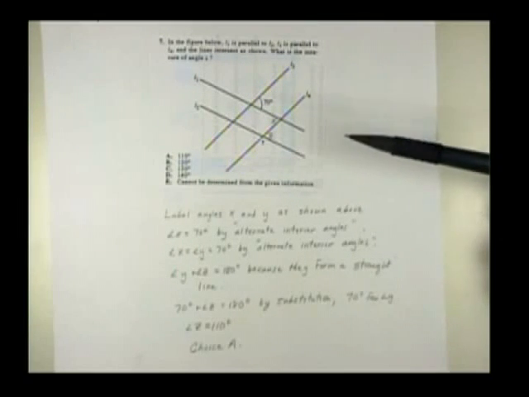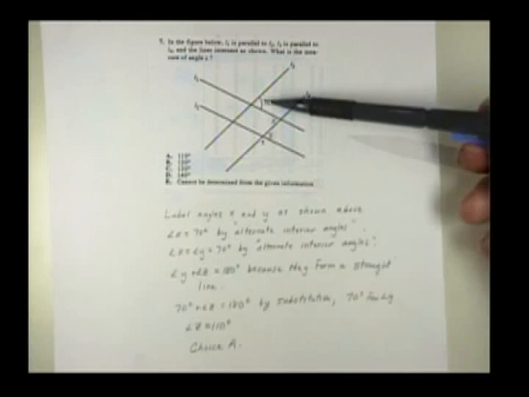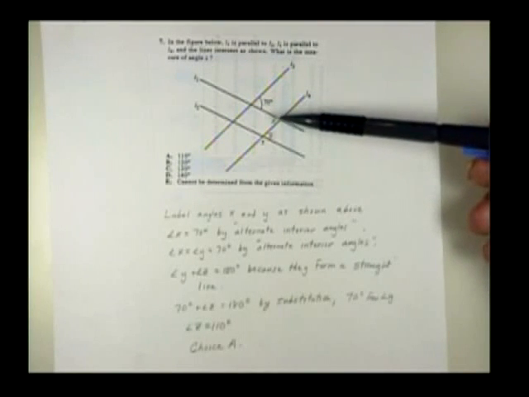In the figure below, line 1 is parallel to line 2, and line 3 is parallel to line 4. And the lines intersect as shown. What is the measure of angle Z? Label angles X and Y as shown above. Angle X equals 70 degrees by alternate interior angles.